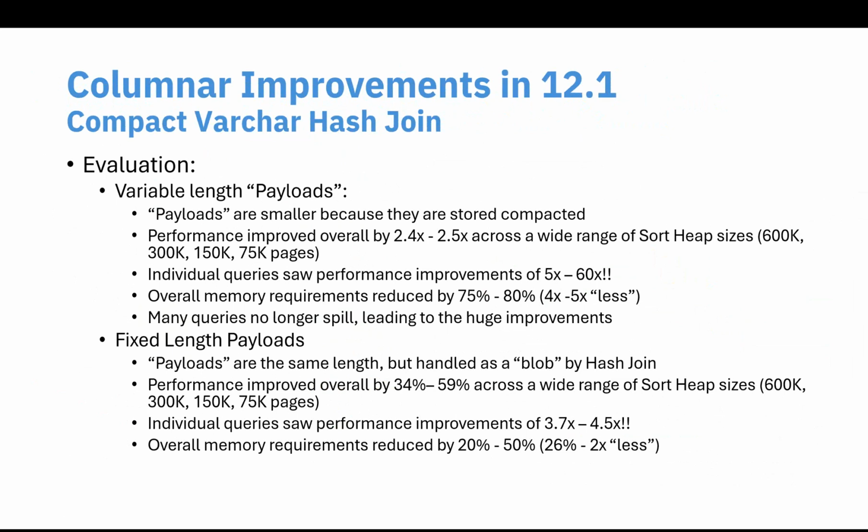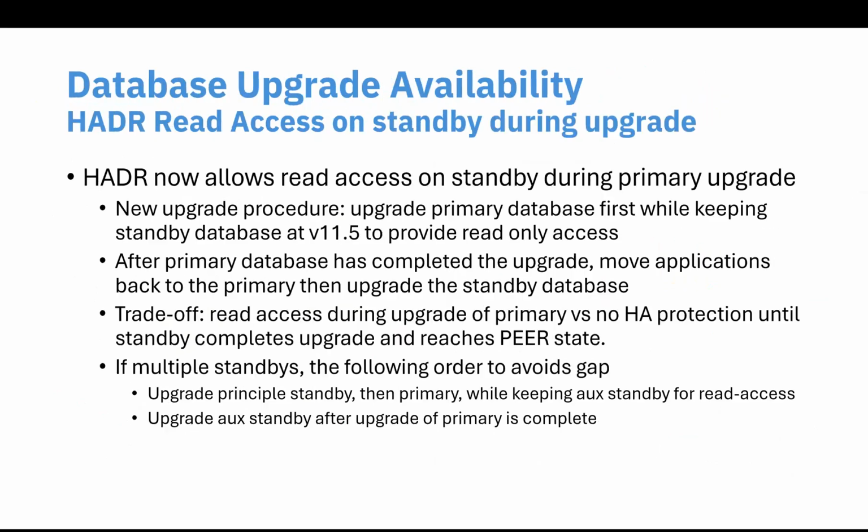Individual queries we saw even up to 60 times. And a lot of this is just that by using the memory more efficiently, we do a lot less spilling, and doing a lot less spilling means a lot less I/O, and therefore much greater performance. Using less memory also means more throughput, because now more queries can run in parallel as well. So one of the big advantages for columnar work in V12.